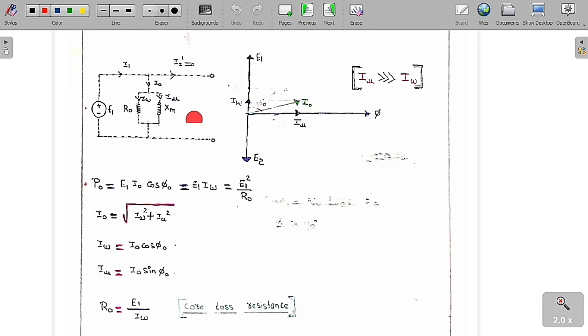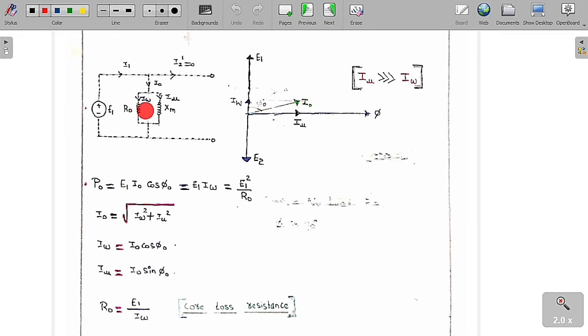Now if I draw the equivalent circuit diagram of a transformer at no load condition, this is what I am going to get. This is the supply voltage E1 across the primary side, and this is a shunt branch with R0 and XM. R0 is called the core resistance and XM is called the magnetizing reactance.